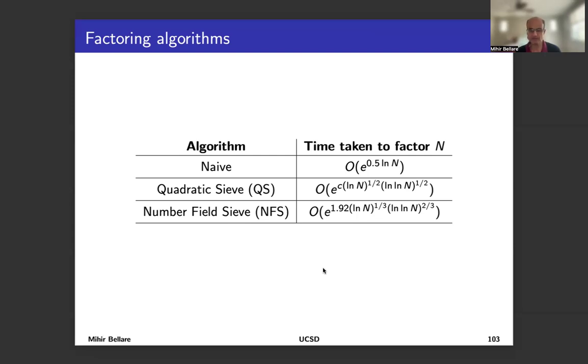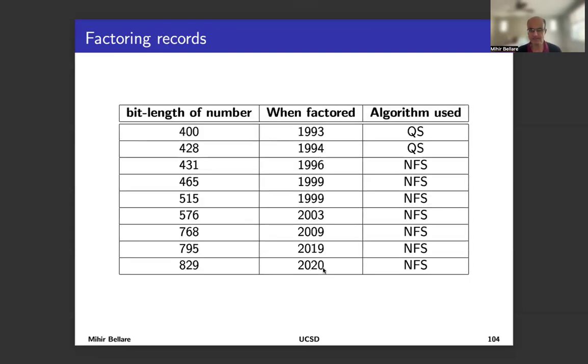But of course, people really want to see how fast they can factor in practice. And there have been all these factoring challenges, and people have set records. The way that works is someone will publish somewhere some number n and say you win $1,000, $10,000, $100,000 for factoring this.